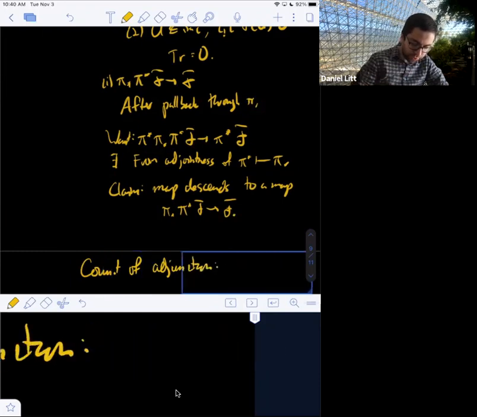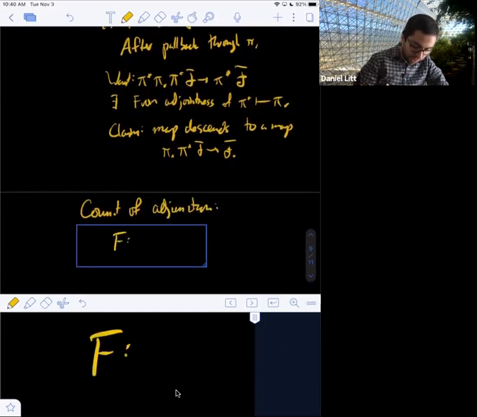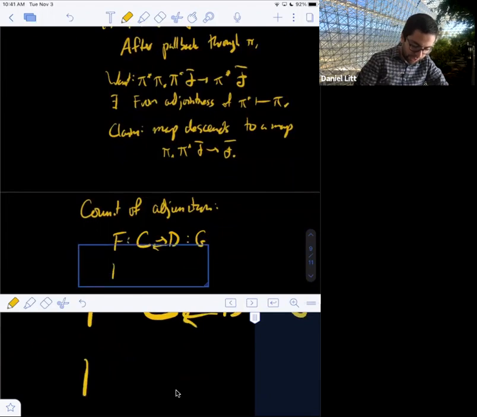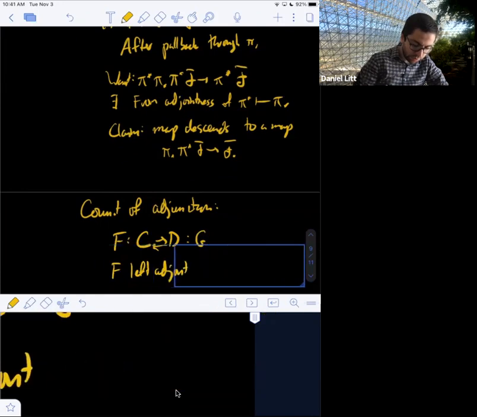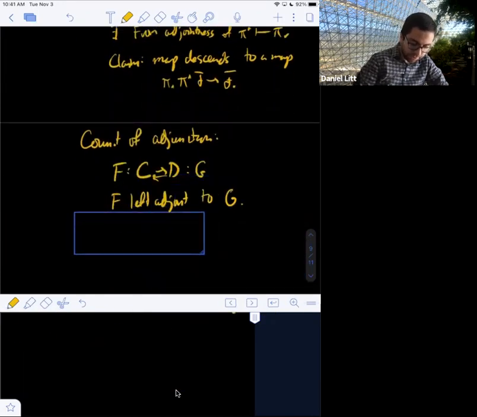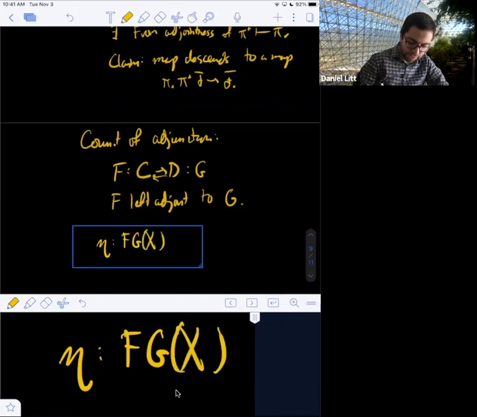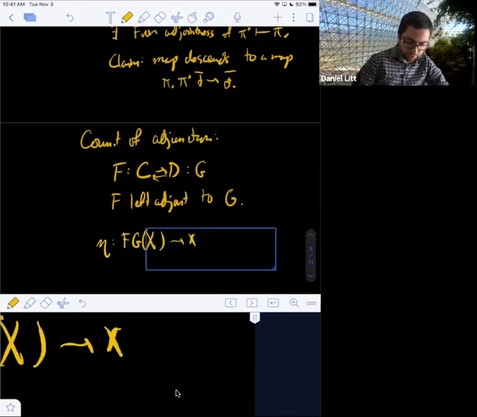Suppose you have two functors, F from category C to D, and G going the other way. Here F is left adjoint to G. Then I claim that there's always a natural map from FG of any object X to X, where X is an object of D. What is it?